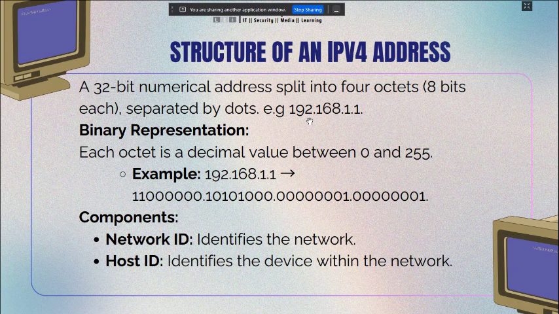We have already established that an IP version 4 address is split into 4 octets. Now each IP address is divided into 2 components. The first component usually identifies the network, while the remaining component identifies the device within the network.